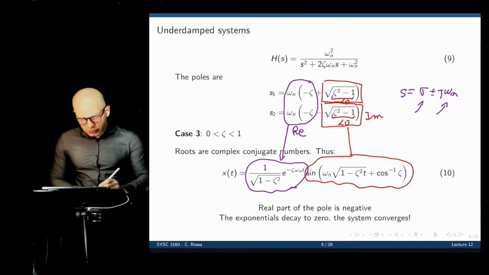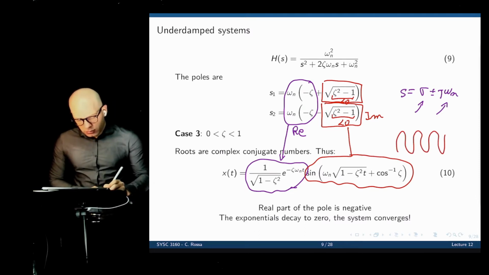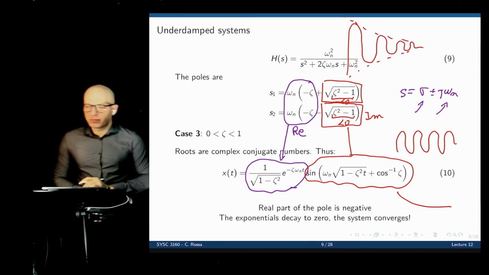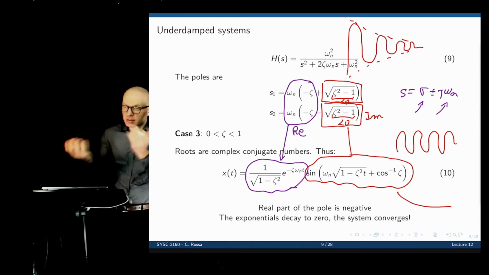So we have a sinusoidal, and we have an exponential that in this case decays to zero, and when we combine them, we have an exponentially decaying sinusoidal waveform, because they multiply one another.